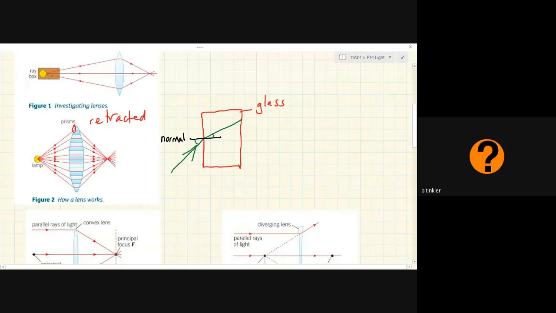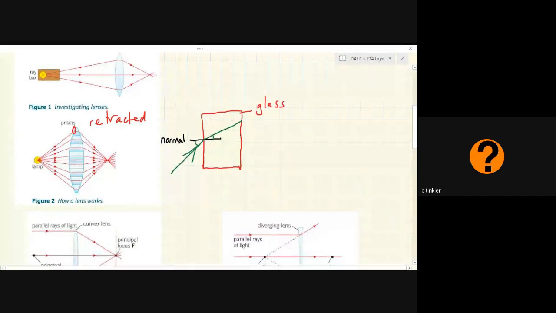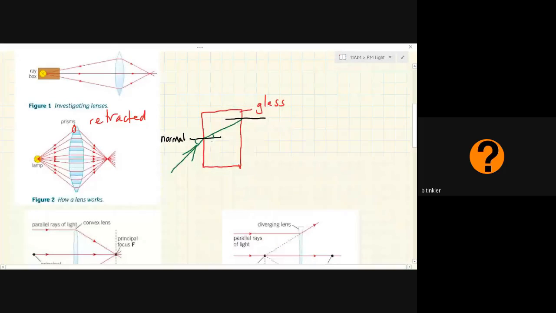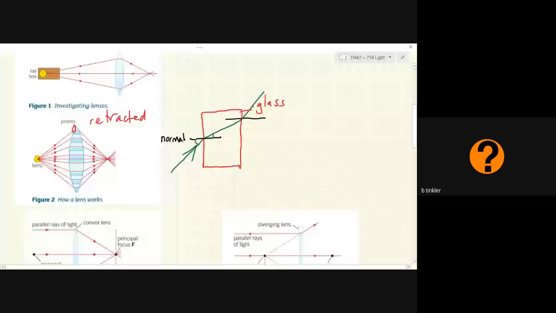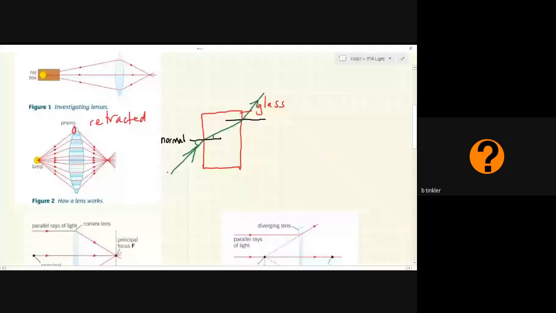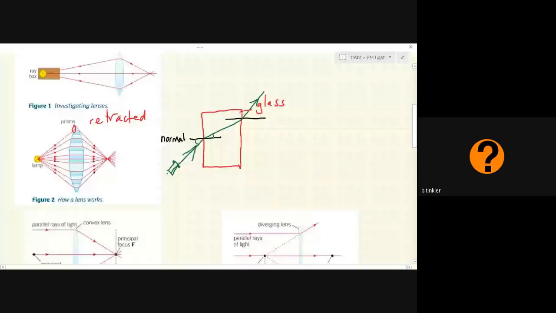And as the ray of light leaves the glass block, exactly the same thing happens. So we've got our imaginary normal line. Instead of going straight on, it's going to bend away from the normal, because the ray of light is going to speed up again. And if you remember, we talked about imagining a little car driving along the path of this light with its wheels on the corners.